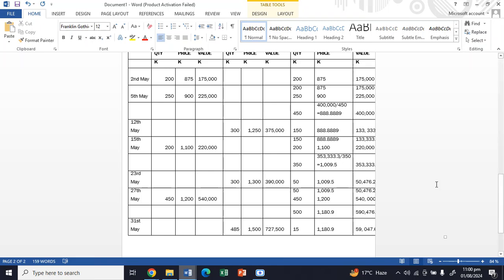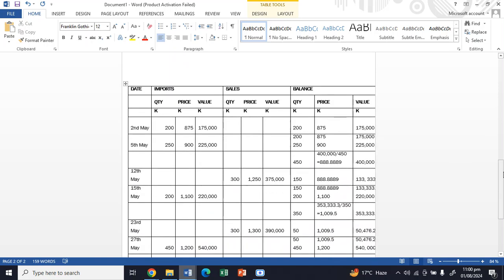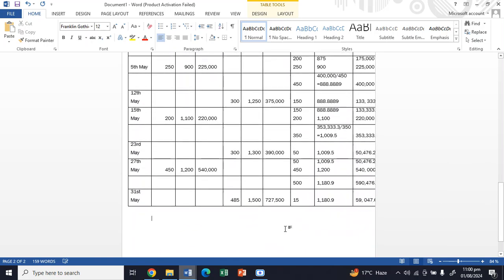Now we're supposed to calculate the gross profit. So we can make a simple trading account. So remember, gross profit equals sales minus cost of goods sold.